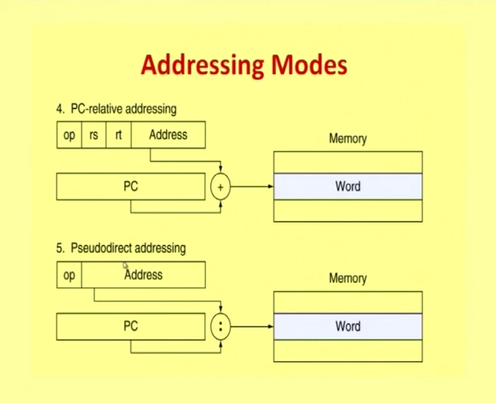There is also one more addressing mode, which is called pseudo direct addressing, wherein you will have an opcode followed by complete address information, which is again taken with respect to the PC, and a different kind of operation is used to attain the effective address.